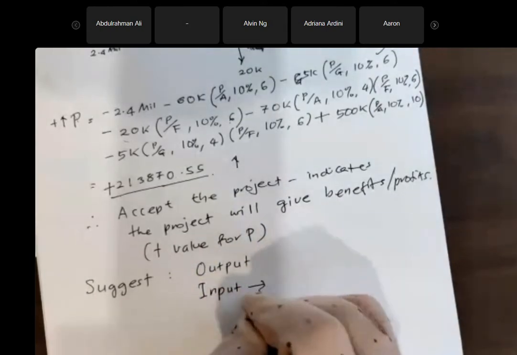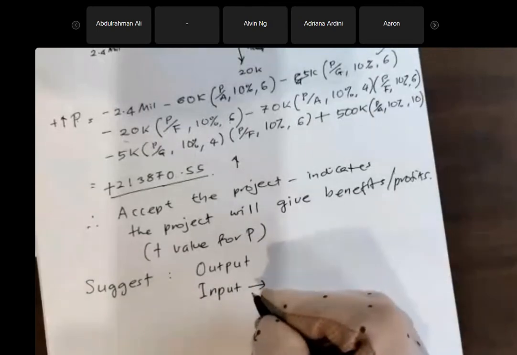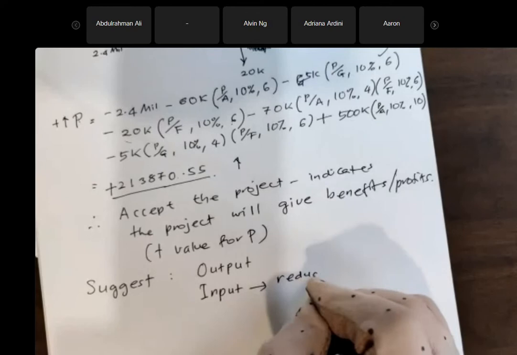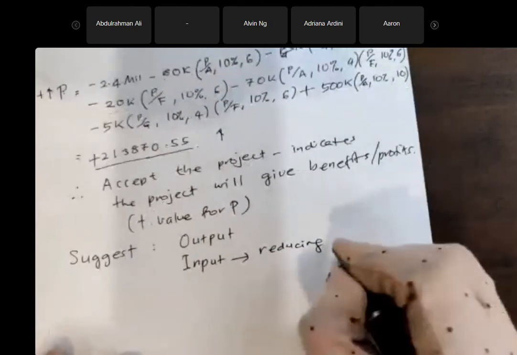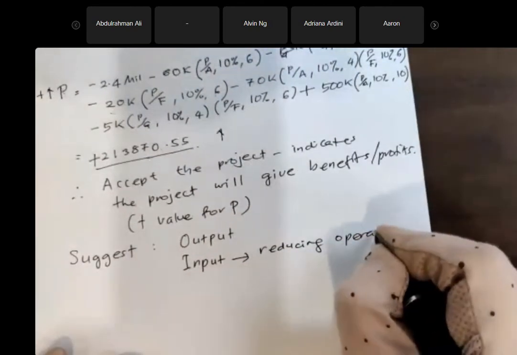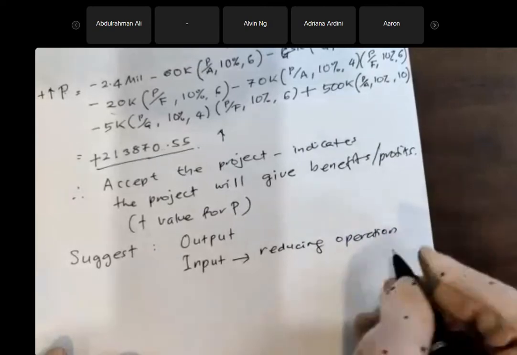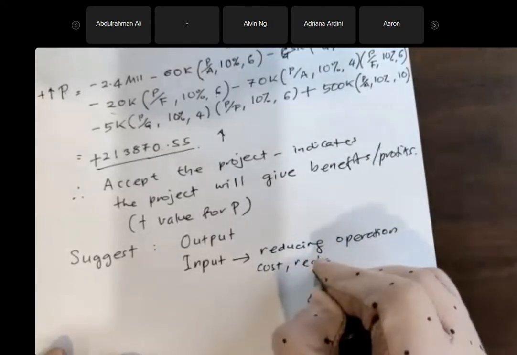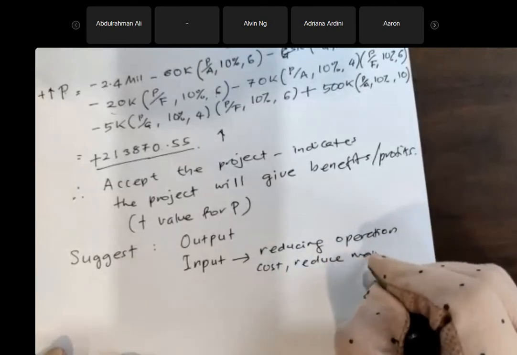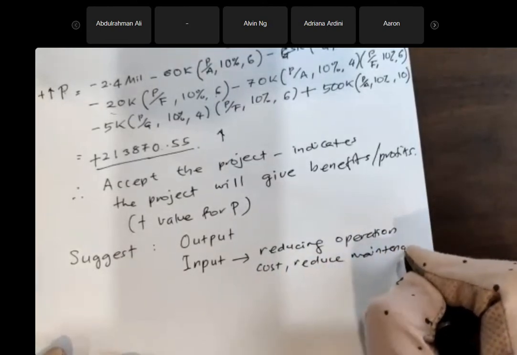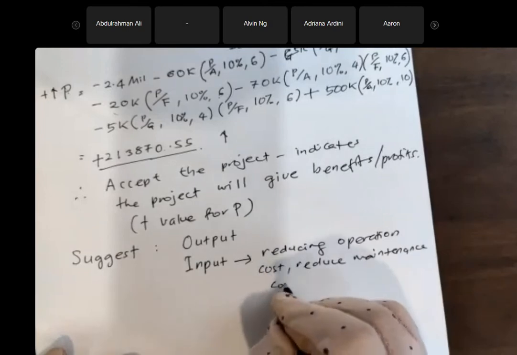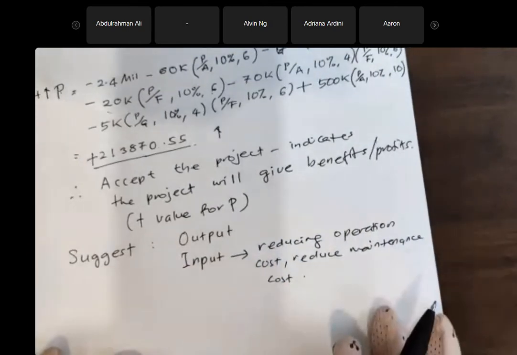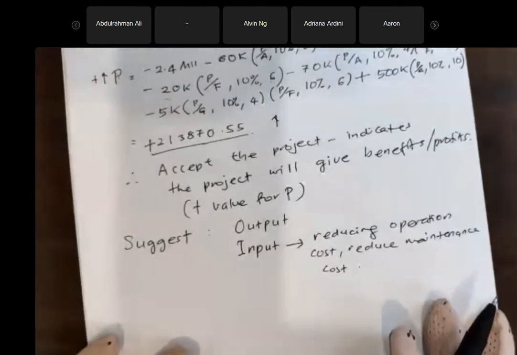The input, what is it? Maybe operation cost. We can reduce the operation cost. We can reduce the maintenance cost. Some suggestions that you can give.